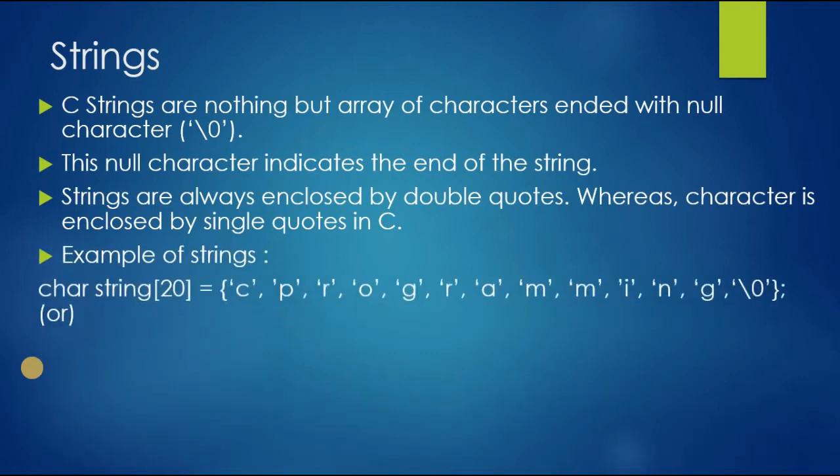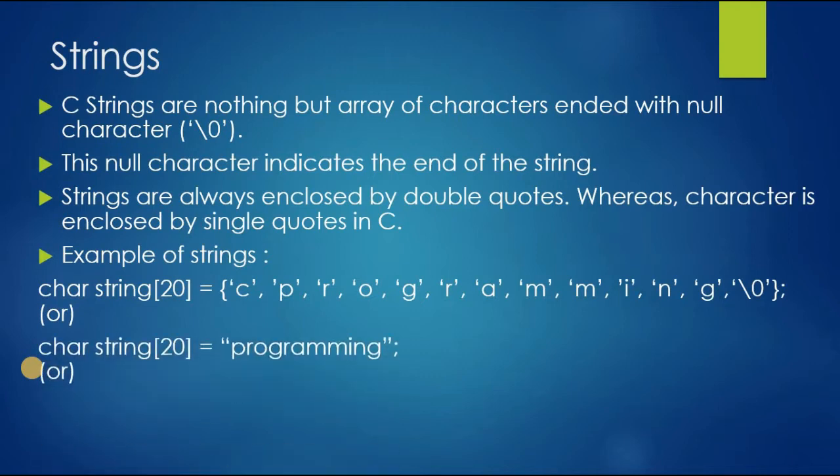Examples of strings. Here we declared the character string array of size 20, equal to, inside curly brackets, C programming. Each letter is separated by a comma and enclosed in single quotes, and at the end we gave \0, which is the null character.